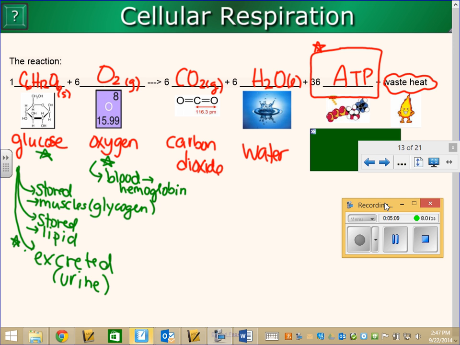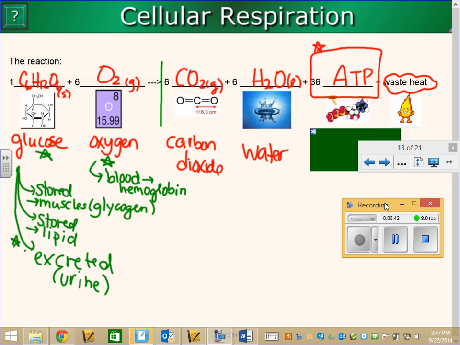That's something I mentioned already in the functions of protein section. And so for you to be able to utilize oxygen for cell respiration, your blood has to be able to get to the cell that needs it. And so we'll talk in the circulatory section about things like clots and plaque that can build up in your arteries. That would be a reason that oxygen could not be used for cellular respiration.